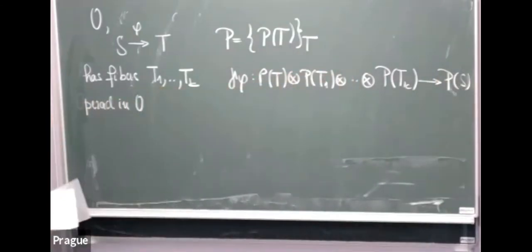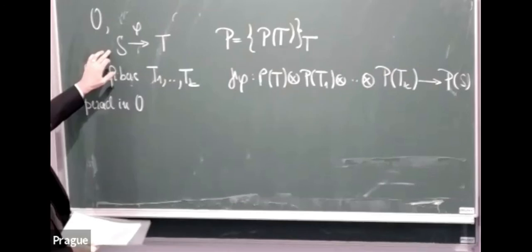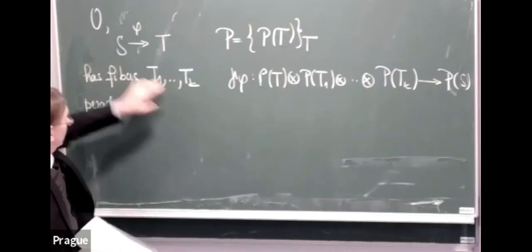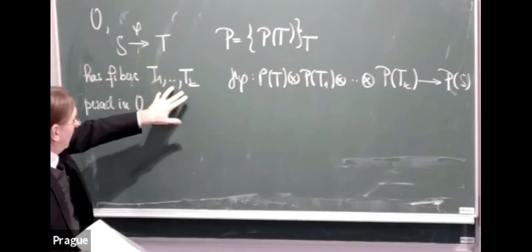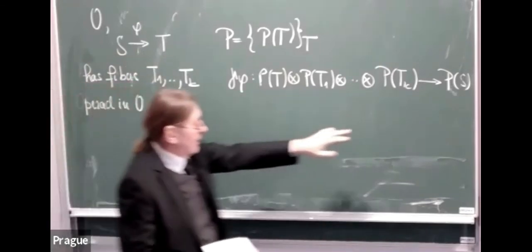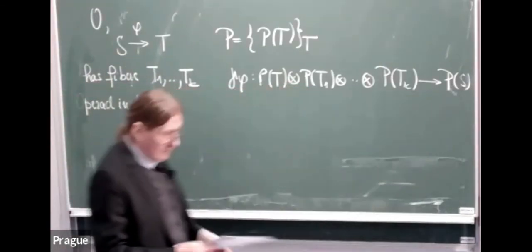So from this kind of big thing, you may think of it as a kernel. So from the image and the kernels, you cook up something in the big thing.